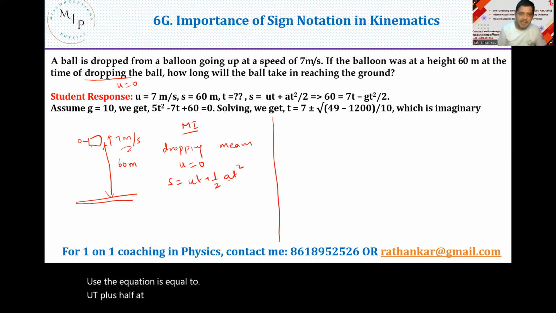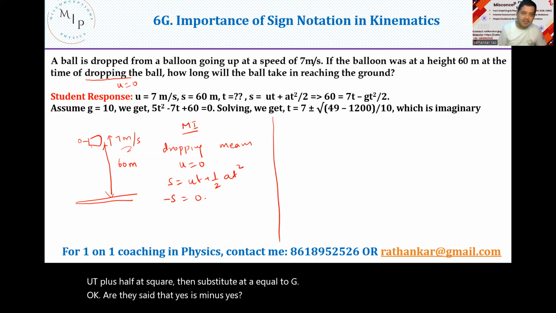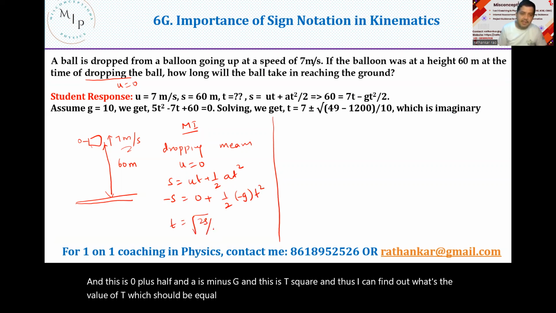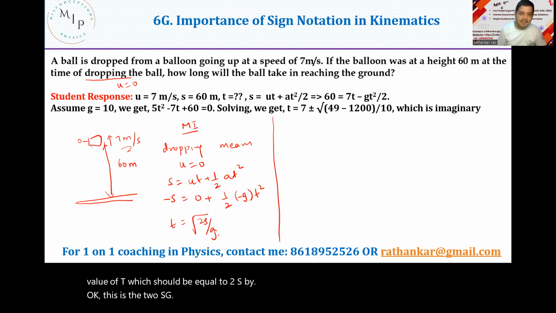They have substituted a equal to g. They said that S is minus S, and this is 0 plus half, and a is minus g, and this is t squared. And thus I can find out the value of t, which should be equal to the square root of 2s by g. This is the method that I have employed.